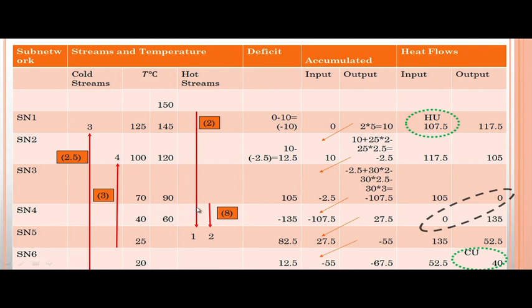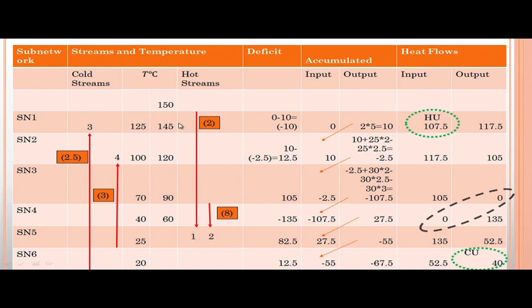Then we reach the supply temperature of a hot stream, that is 70 degree Celsius, and then that is 90 degree Celsius. So, if it is 90 degree Celsius, then the cold side temperature will be 20 degrees less than that, it will be 70 degree. So, similarly all the other temperature values we will get.